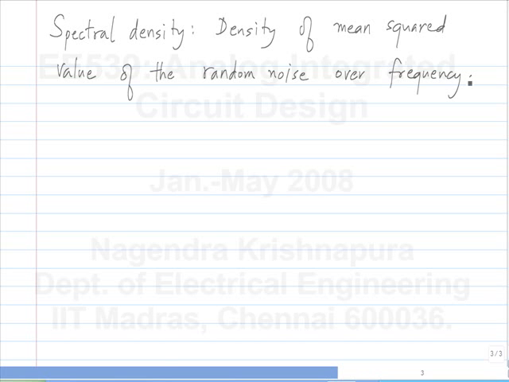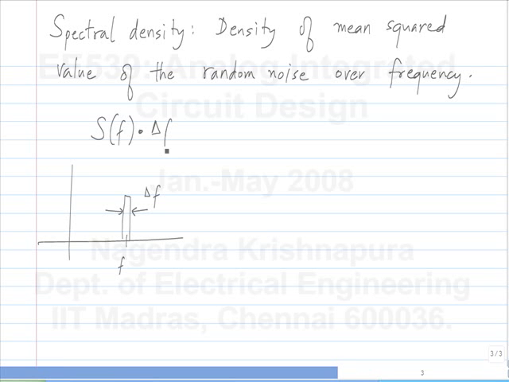So, what it means is, if the spectral density at a particular frequency is S of f, and if you look in a narrow bandwidth delta f around this frequency f, the mean square value will be S of f times delta f.